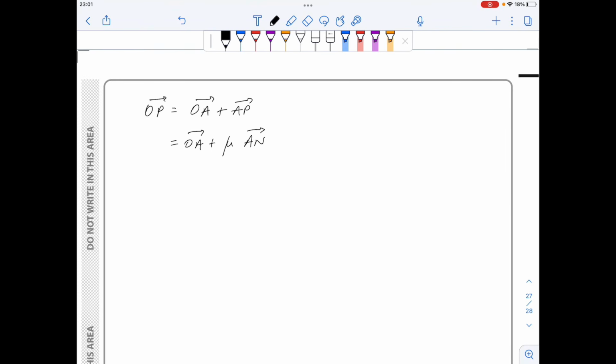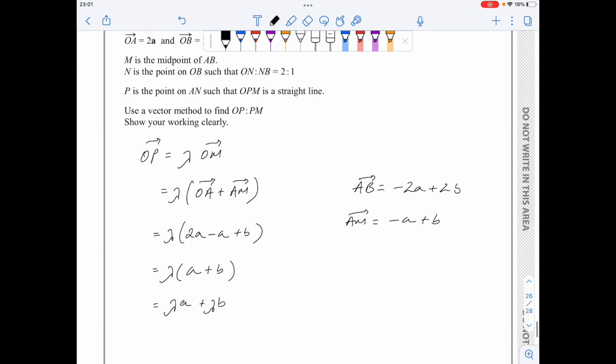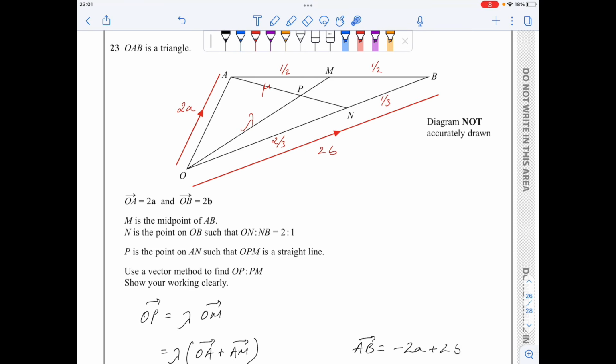Now I don't know AN, so I'll need to find it. So AN is equal to AO, which is this one, and then I'm going to need 2/3 of OB.